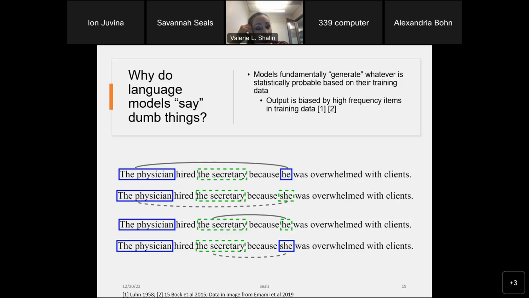The results of this paper showed that the models were much more likely to make the correct inference when it was gender congruent. So they're much more likely to assign she pronouns to secretaries than doctors. The reason for this is that the gold standard corpora for pronoun resolution tasks were overwhelmingly biased in favor of male pronouns. So the model is seeing a lot of he pronouns and not a lot of any other kinds of pronouns at all. And there are other pronouns, right? There are we, they, etc. But in general, it's encountered lots of he, and so it's assigning that to everything.